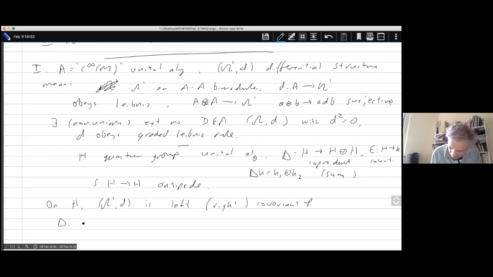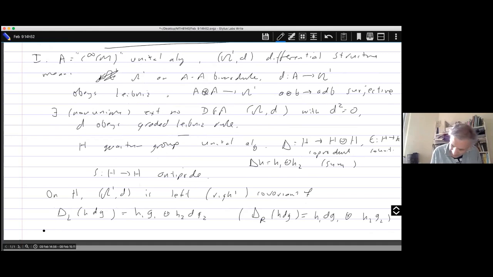So delta L of h dg is h1 g1 tensor h2 dg2, and delta R of h dg is h1 dg1 tensor h2 g2, if well defined. So delta L goes from omega 1 into H tensor omega 1.